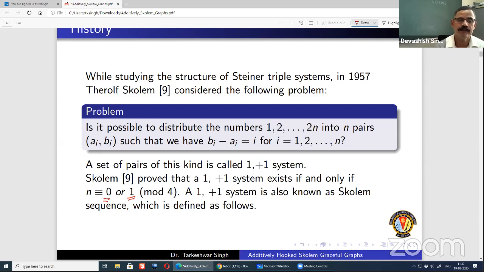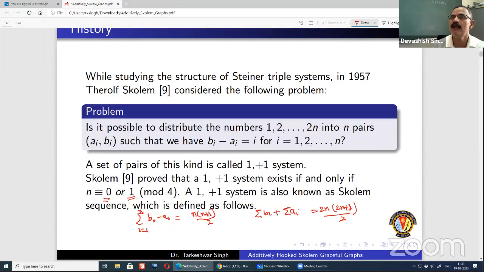If you take the differences b_i minus a_i and sum them, where i varies from 1 to n, you get n(n+1)/2. And if you sum all the vertex labels, the sum of b_i plus the sum of a_i, this will be 2n(2n+1)/2. If you simplify, you will get this condition. And he proved that this is a necessary and sufficient condition. Okay, this is the idea behind it.